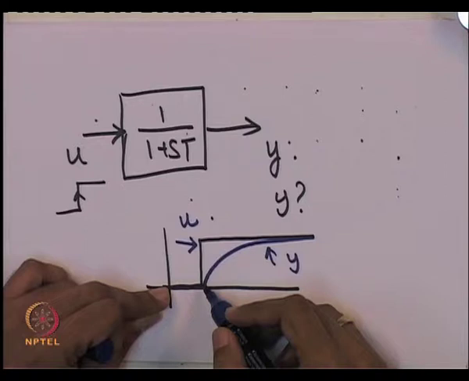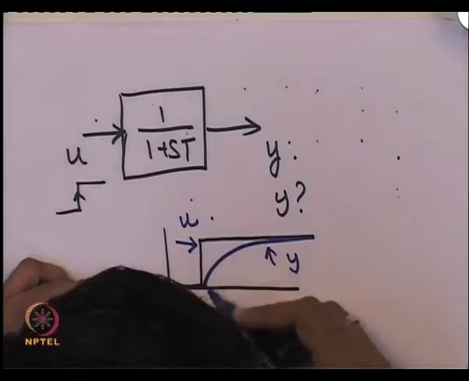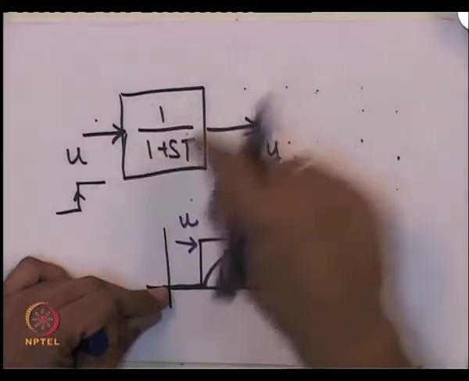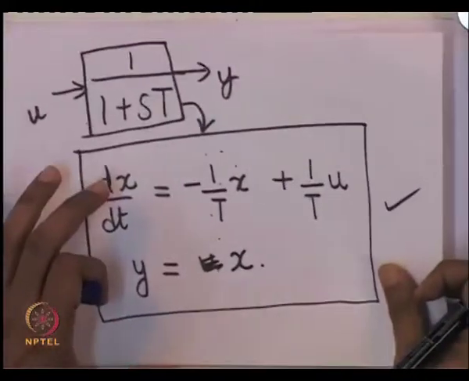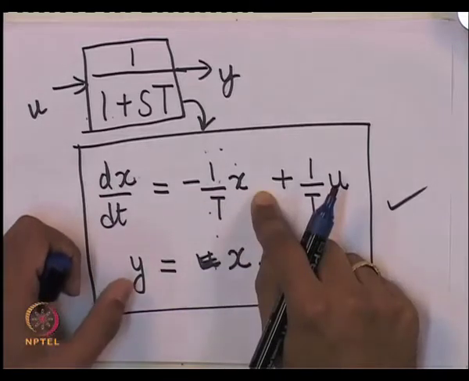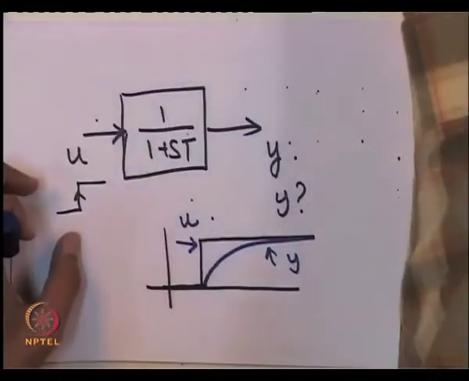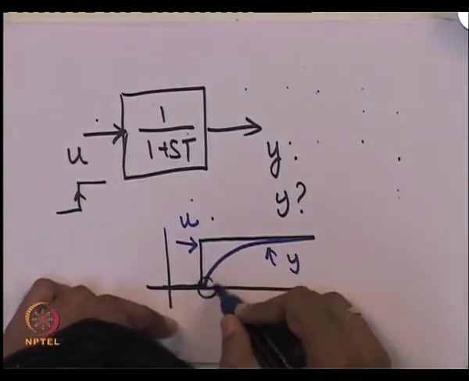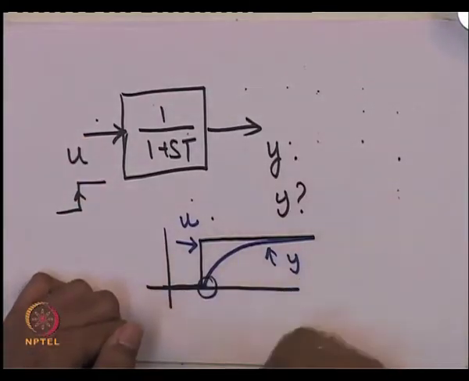So, the step change has some interesting features. You see that at the instant of the step, this transfer function has an output 0, it does not change. Suppose the initial condition associated with this state x is 0, then if I give a step change in u, we will find that x remains 0 and as a result y also remains 0.